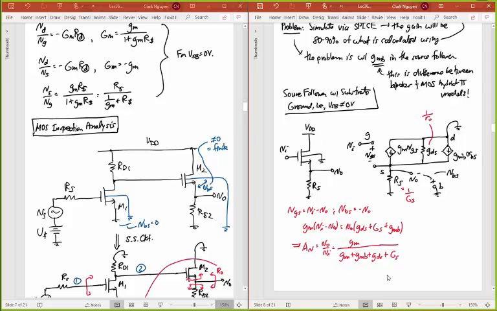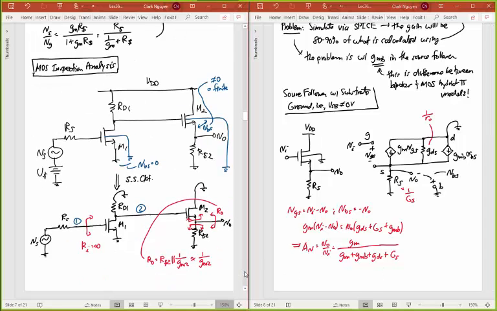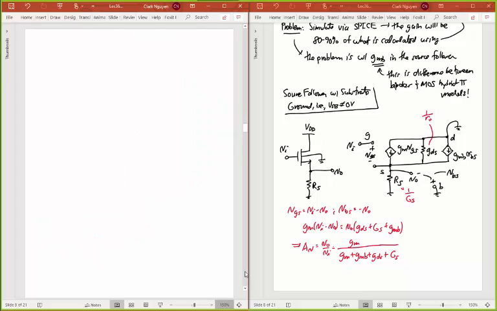But then I have a couple things that I can do. So that's the gain equation, but I know usually I neglect things, and so I'm going to neglect the same things that I neglect for bipolar quite often. I'm going to neglect this 1 over r0, which is the same as GDS. That's the same thing as saying this GDS is much smaller than these other gm's here. But first, let's take a look at a special case here.